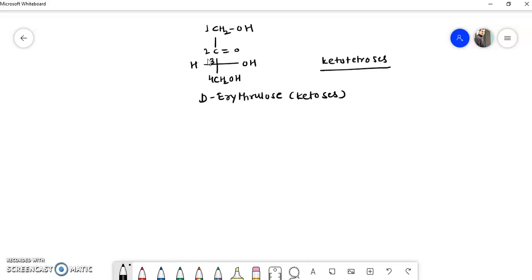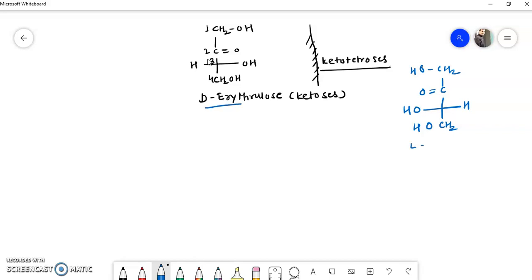Now if we take the mirror image of this structure, then we get this form: CH2OH, C double bond O, then CH2OH, and here OH and H. So this structure is the mirror image of this structure.